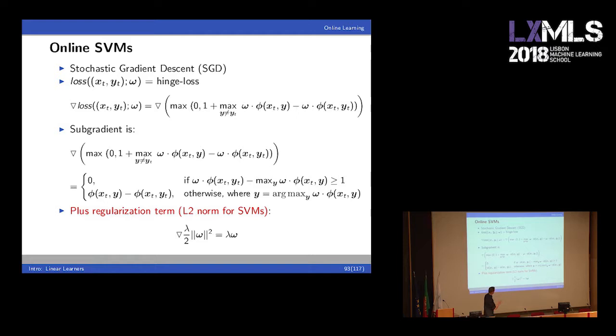And the gradient of the hinge loss is 0 if you make the right prediction, meaning the score that you assign to the correct example is greater than the score for your prediction by a margin greater than 1. Otherwise, you are doing an update. The update is going in the negative direction of the gradient, and the gradient of this term here is just the feature vector. If you are not using linear models here, then you would have to write here the gradient of your objective, right? But it's the same idea.